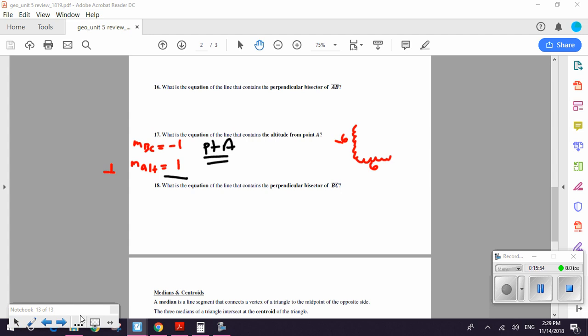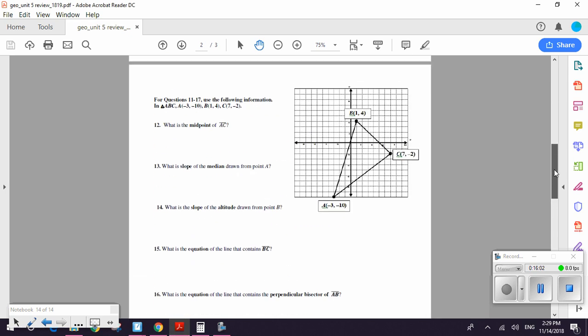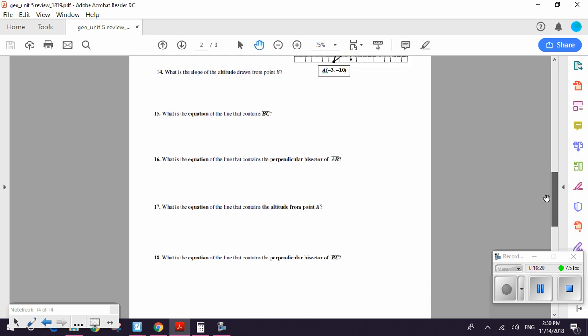For number 18, it says the equation of a line that contains the perpendicular bisector of BC. So it's going to be perpendicular and bisect BC. So that means we need to find the midpoint of BC. That's the point we're going to use. And then we need the perpendicular slope of BC.